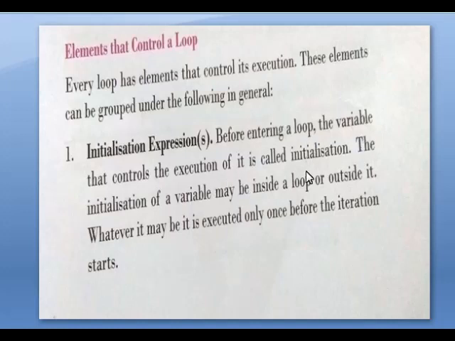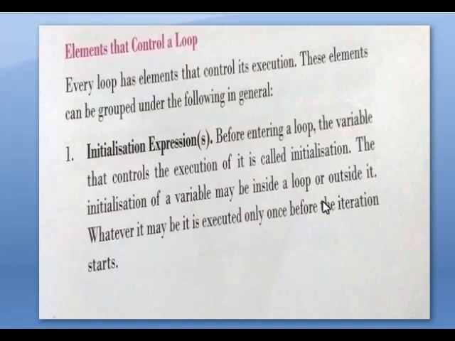The variables that are used in the loop need some specifications to do the calculations. Okay, that is called initialization. The initialization of variables may be inside a loop or outside the loop.